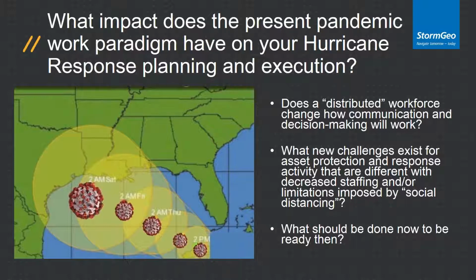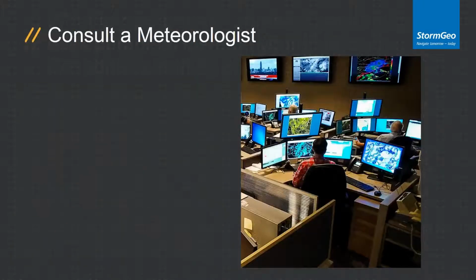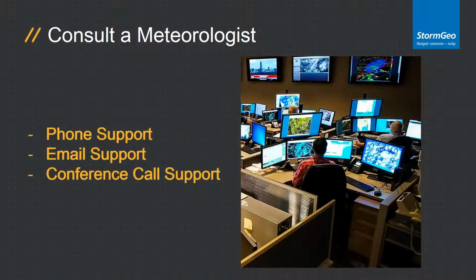All right, thanks, Don. And on to my final slide, and I've referenced this a few times, the ability to consult a meteorologist. As a Storm Geo customer, you have the ability to do everything from calling in and talking directly to a meteorologist 24/7, 365, to emailing our meteorologist, our client services team, or requesting conference call support. This is something we do quite often.